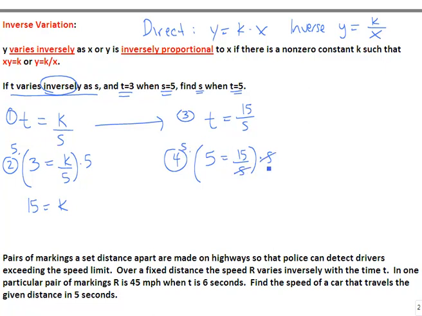So the s's will cancel out on the right side, giving me 15. On the left side, 5 times s is 5s. And now I can solve this for s by just dividing both sides by 5. So s equals 3. And there's our solution. So an inverse variation, you just have your first variable equals k divided by your second variable.